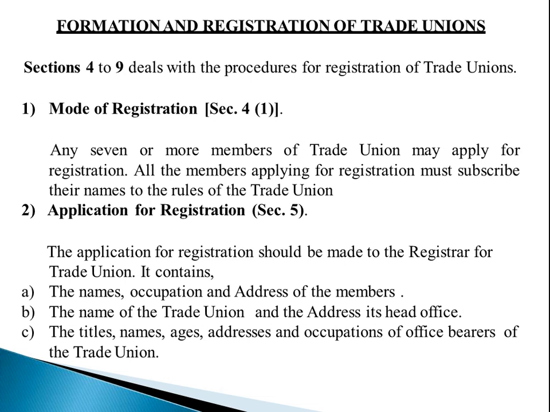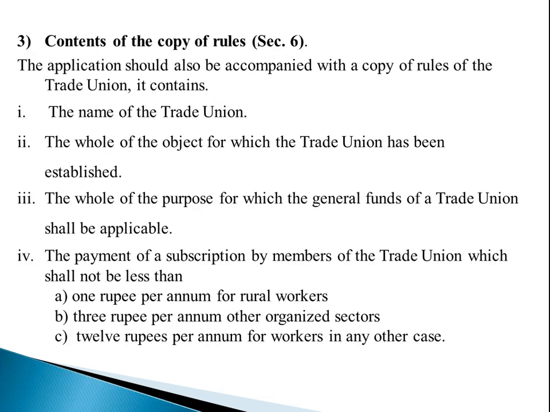Then the title, name, age, address and occupation of the office bearers of the trade union also have to be given in this application. Now, regarding the contents and copy of rules for the application, the application should be accompanied by the rules of the trade union which they are maintaining.